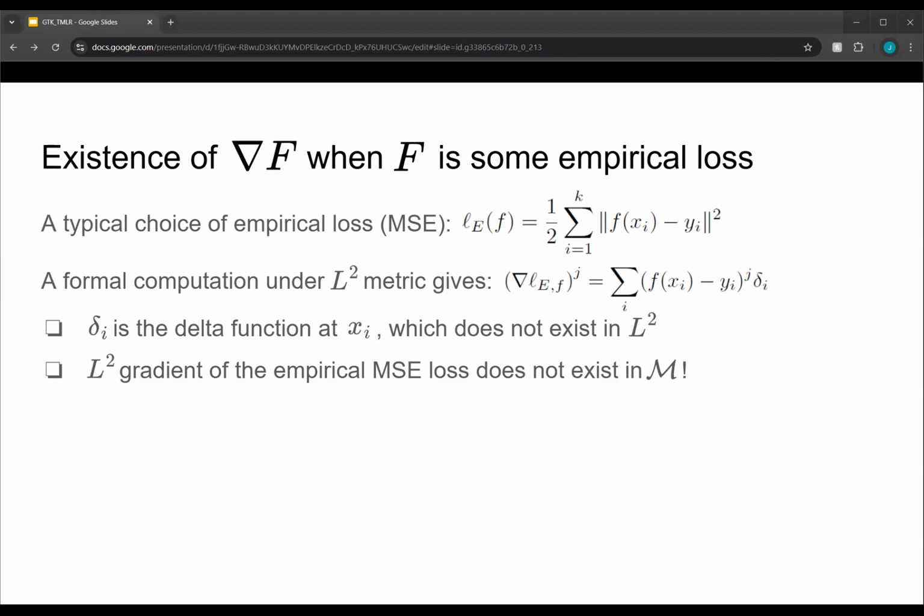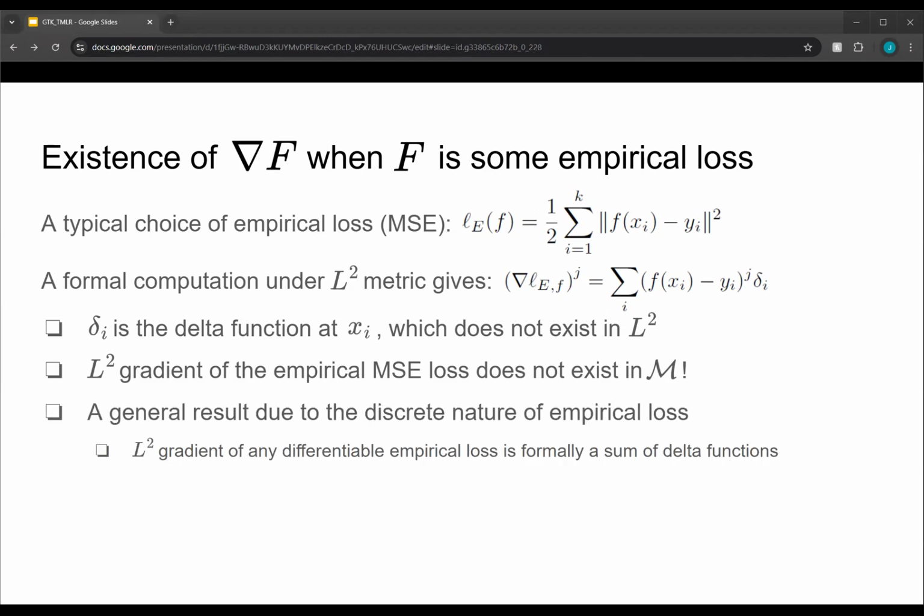As a result, the L2 gradient of empirical MSE loss does not exist in the function space M. In fact, this result is general and fundamentally caused by the discrete nature of empirical loss. As shown in our paper, the L2 gradient of any differentiable empirical loss is formally a sum of delta functions.